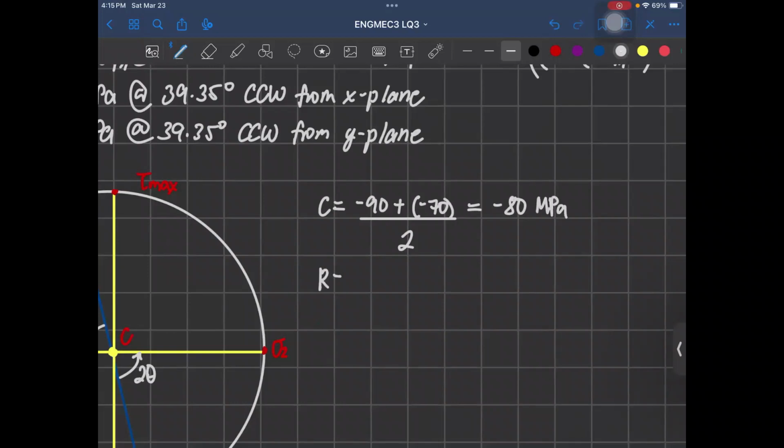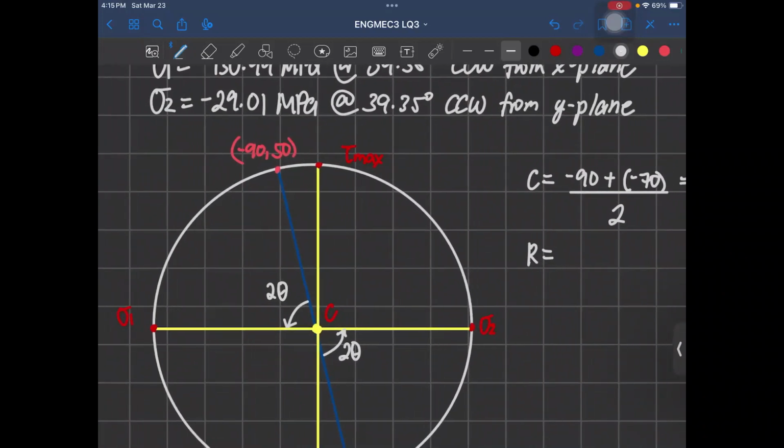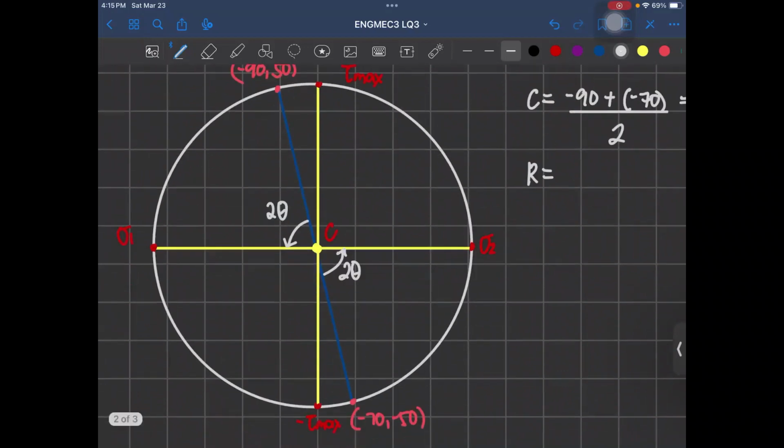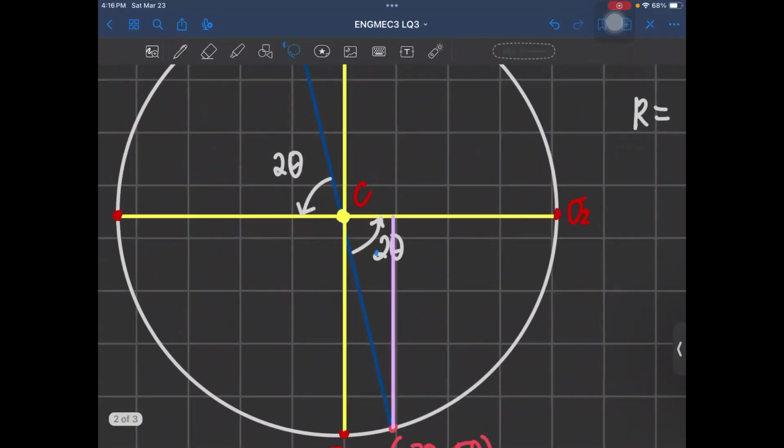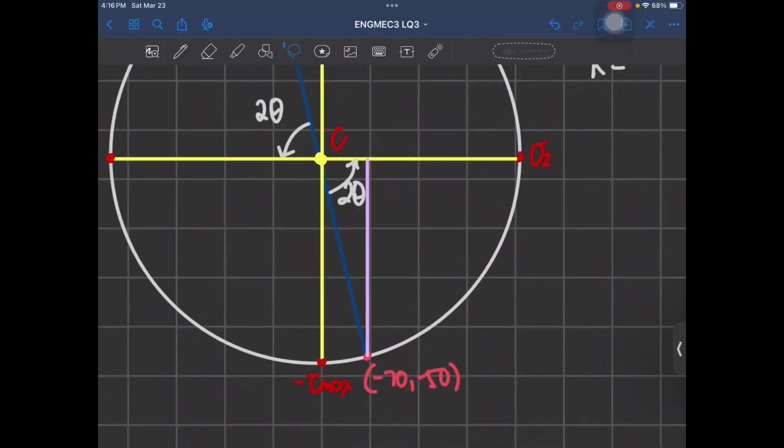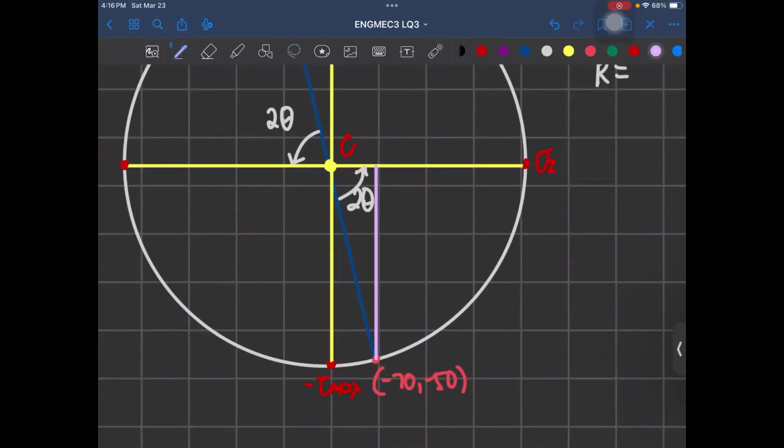Then our radius, what we can do here is draw, let me draw a right triangle here. So we know that this is r.